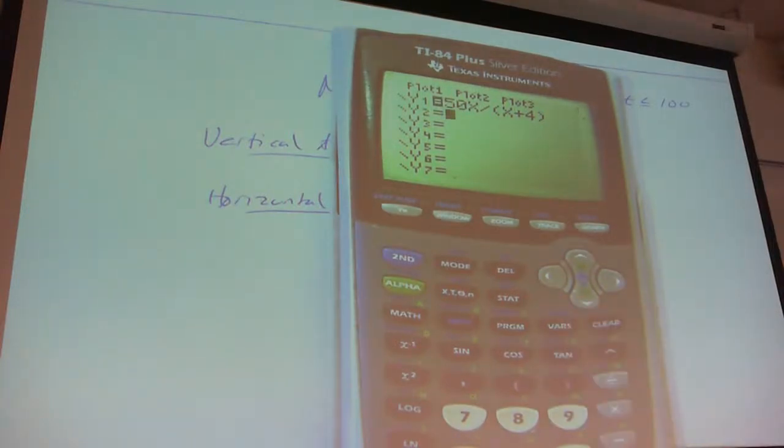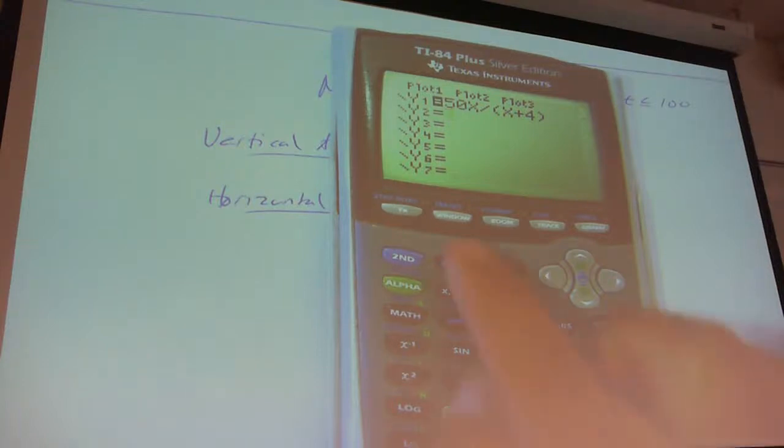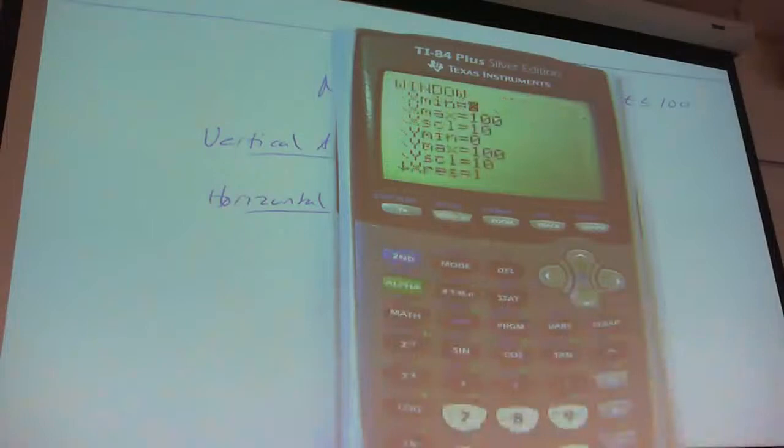We already know x has to be between what? 0 and 100. So that tells us when I go to window, x is between 0 and 100, counting by tens. And I've already played around with it, so I'll help you out a little bit. Y is also going to be 0 to 100, counting by tens.